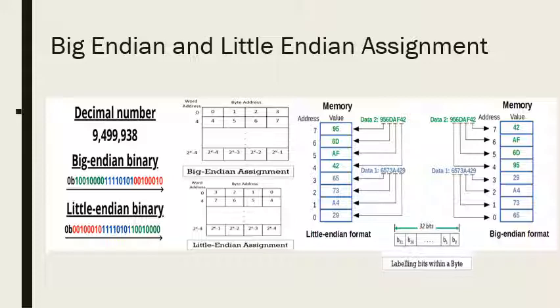The word starts at byte address 4, which is a multiple of the number of bytes in the word. If the word address begins at an arbitrary byte address, the word is said to have an unaligned address. Conventionally, words have aligned addresses, as this lets memory operands be accessed more effectively.